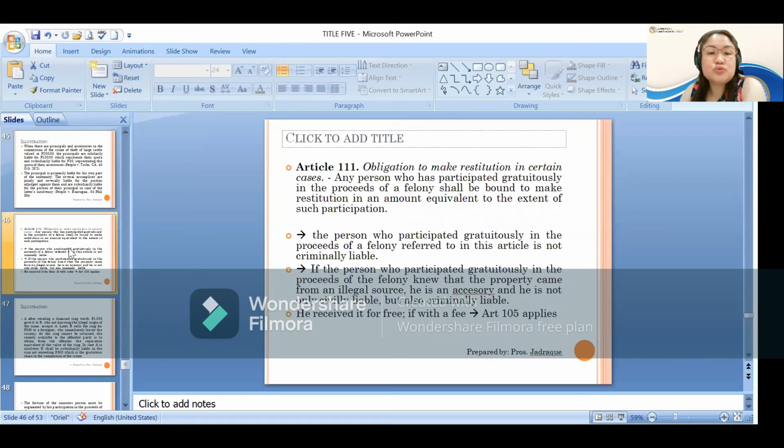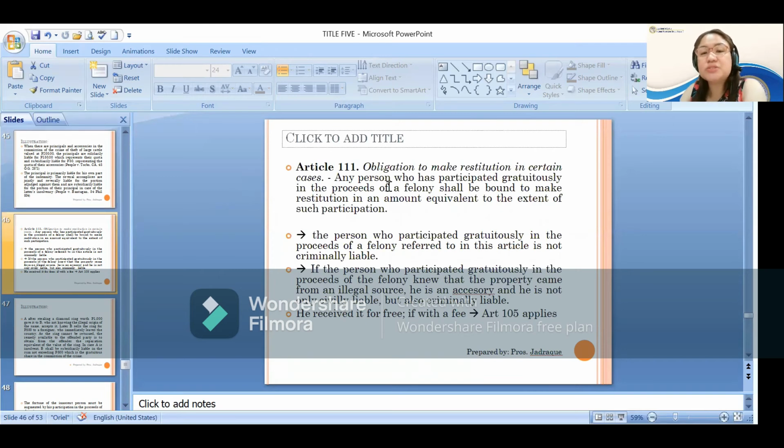Obligation to make restitution in certain cases, Article 111. Any person who has participated gratuitously in the proceeds of a felony shall be bound to make restitution in the amount equivalent to the extent of such participation. Now, when shall Article 111 be applicable?